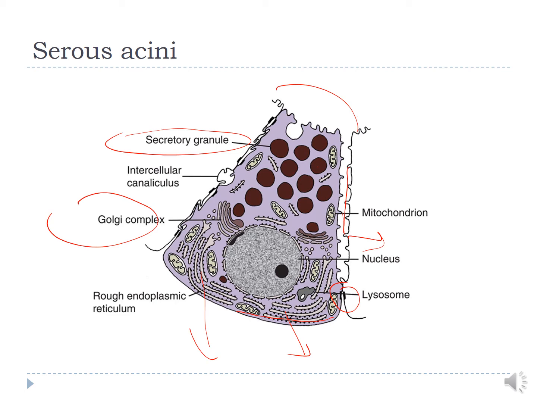These canaliculi communicate with the acinar lumen, and basal to the junctional complexes, the plasma lemma of the serous cell exhibits folds in the form of processes that interdigitate with similar processes of the neighboring cells. So, serous cells of the salivary gland produce a thin watery secretion which is rich in the digestive enzyme amylase and also contains antimicrobial agents like lysozyme and proline-rich proteins.